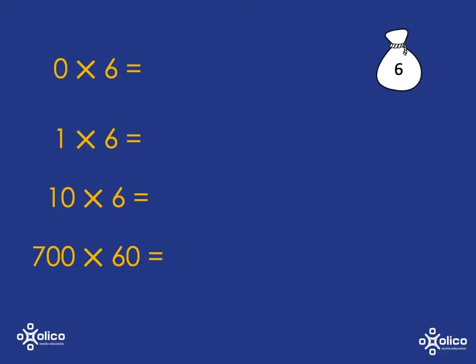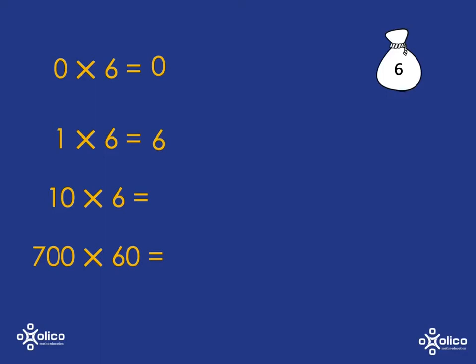So 0 multiplied by 6 will mean we've got 0, no bags. Well, how many sweets will we have if we've got no bags? Well, we've got no bags, so we've got no sweets. So 0 multiplied by 6 will be 0. 1 multiplied by 6, well, it's just 1 bag with 6 sweets. So in total, we've got 6 sweets.